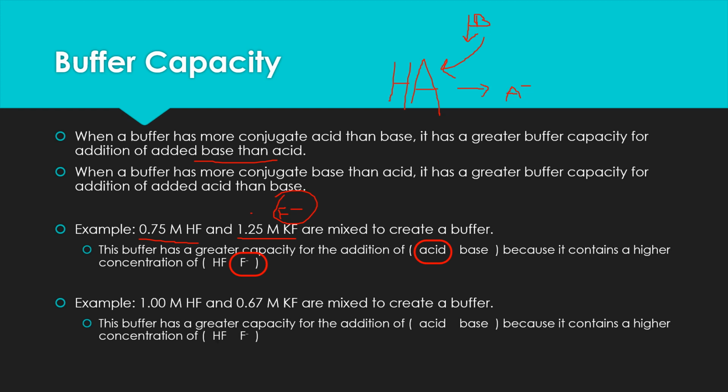If we looked at number 2, or the second example, we've got 1 molar HF and 0.67 molar KF. So again, we have a higher amount of the acid. So it has a greater buffer capacity for the addition of added base because it contains a higher concentration of the acid. So since we have more acid, we can react with the base.